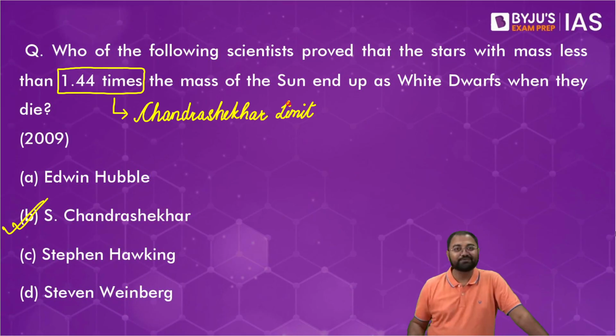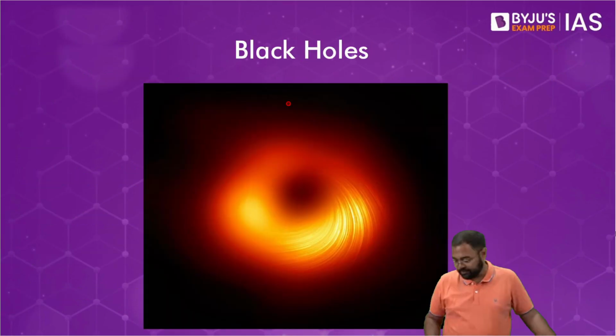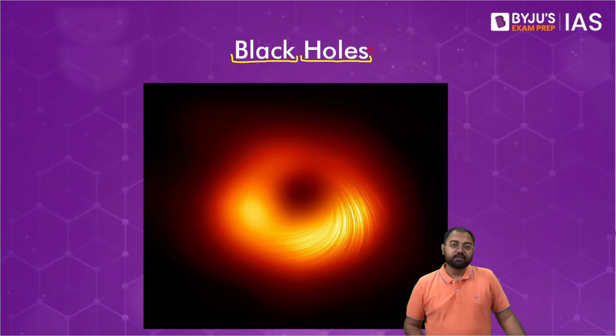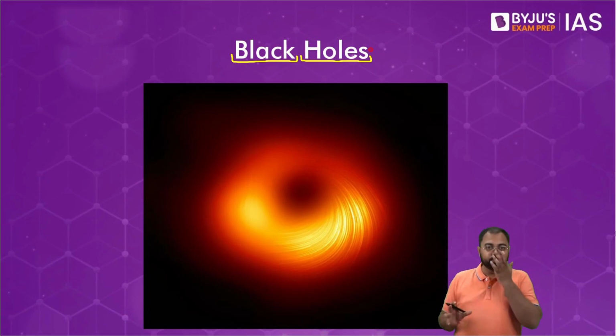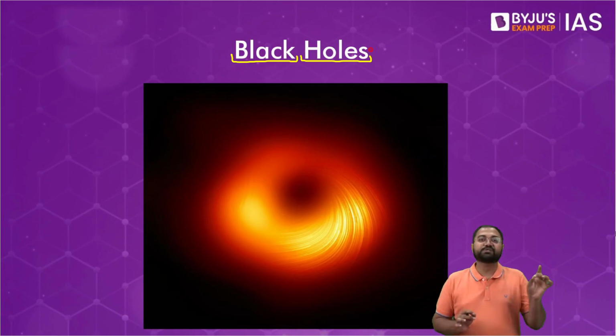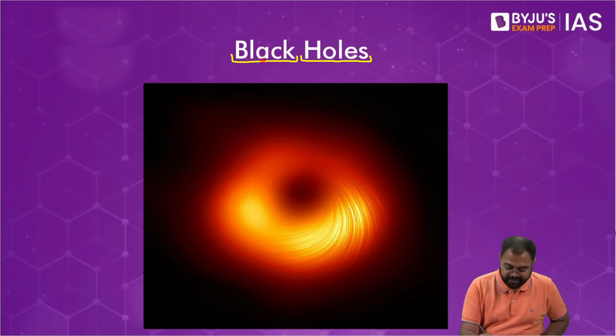So why are we saying that it is a black hole? The term black is being used because this signifies the absence of light. All right, this black signifies absence of light.